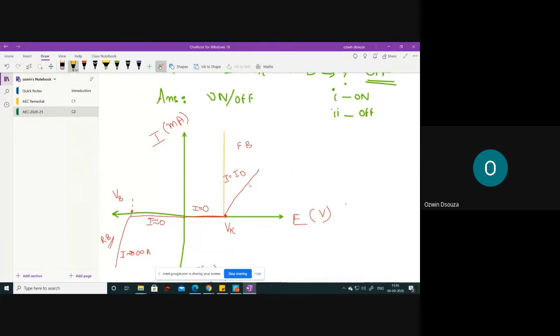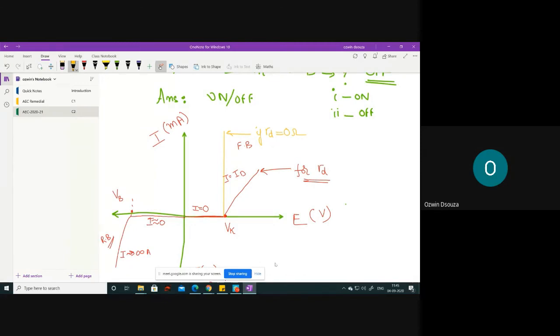This shape you will get for RD, and you will get this shape if RD is assumed as a 0 ohm resistor.